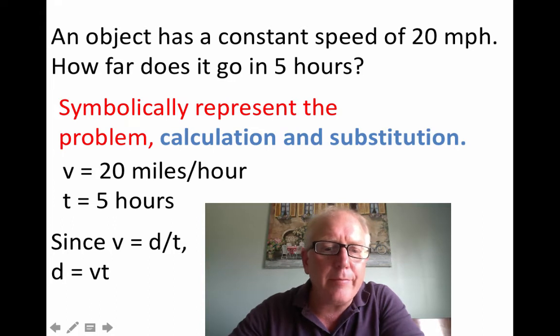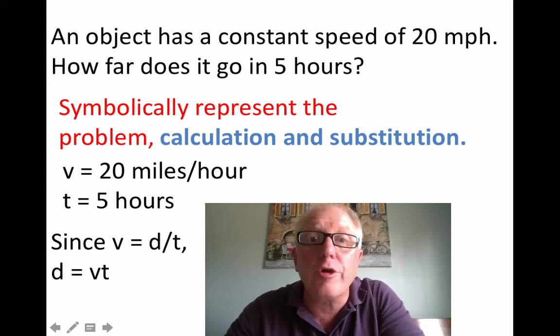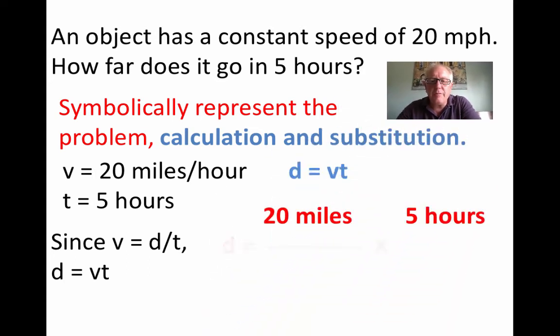I just got that by multiplying both sides by T. And as I'll point out shortly again, officially, this is the first kinematic equation that we're going to be using. D is equal to VT. It gets us started on the kinematics.